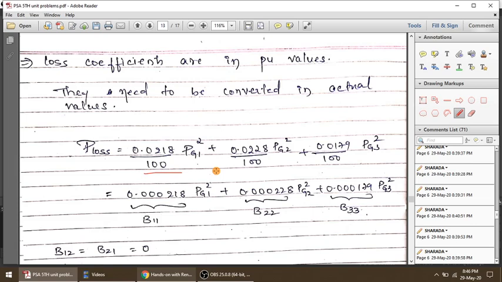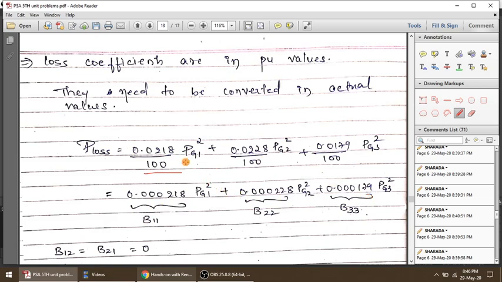So the base value for loss coefficient will be 1 divided by 100 MVA. It is not 100 MVA, it will be 1 divided by 100 MVA. So when you multiply this value by 1 divided by 100, you get this expression. You have to divide it by 100. Clear? Now whatever the resulting coefficients are, they are your loss coefficients.